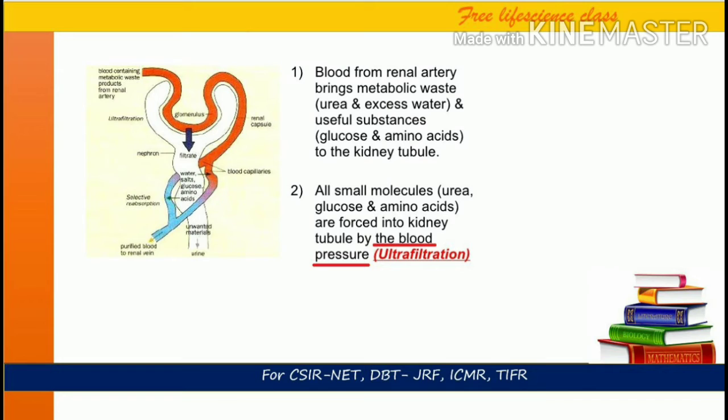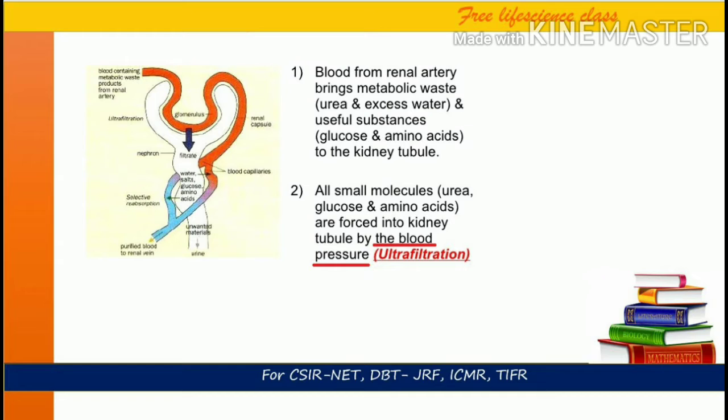In this diagram you can see that blood from the renal artery brings metabolic waste, like urea, excess water, useful substances to the kidney tubule. So what happens? All small molecules like urea, glucose, amino acids are forced into the kidney tubule by blood pressure.